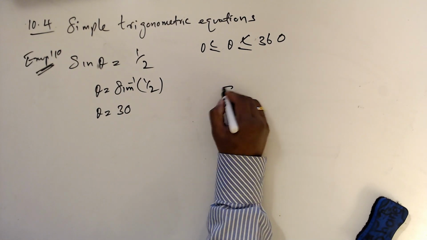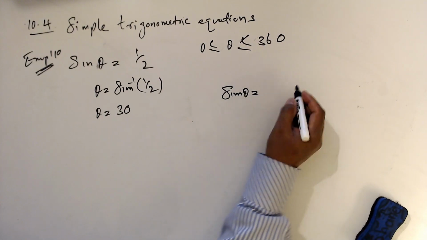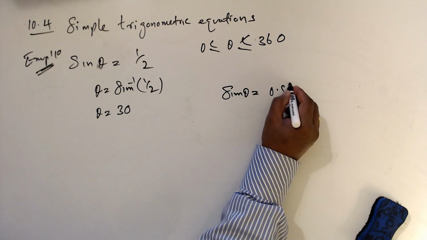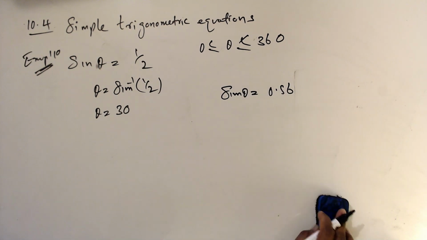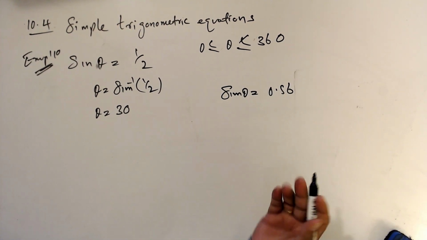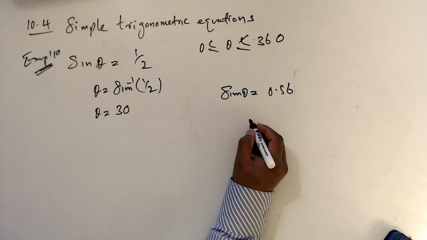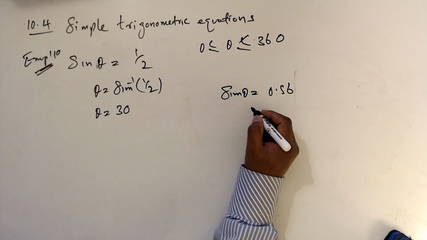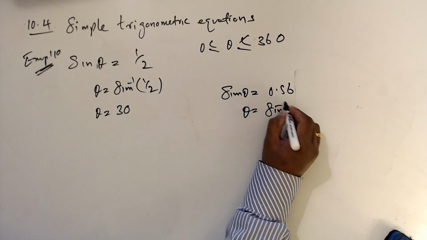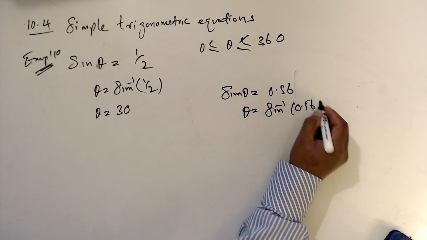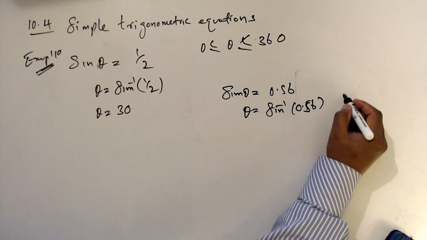Assume we have an equation like this: sine theta equals 0.56. Now how do you find theta? We have to use a calculator. So theta equals sine inverse 0.56. How do we find it?